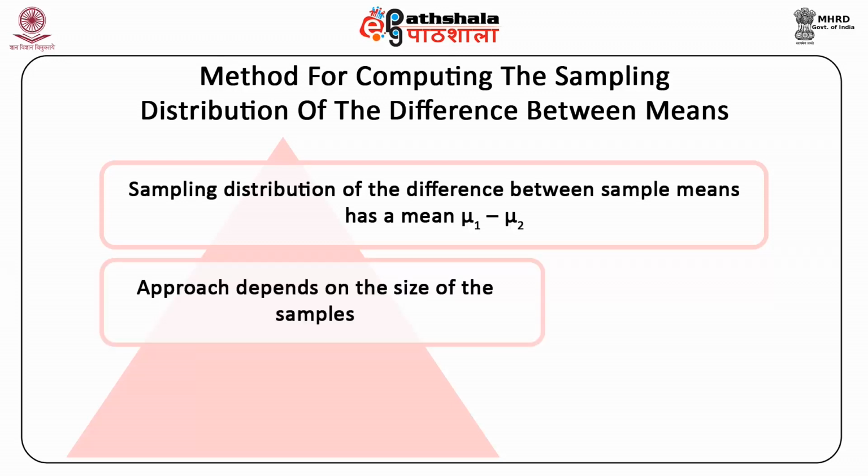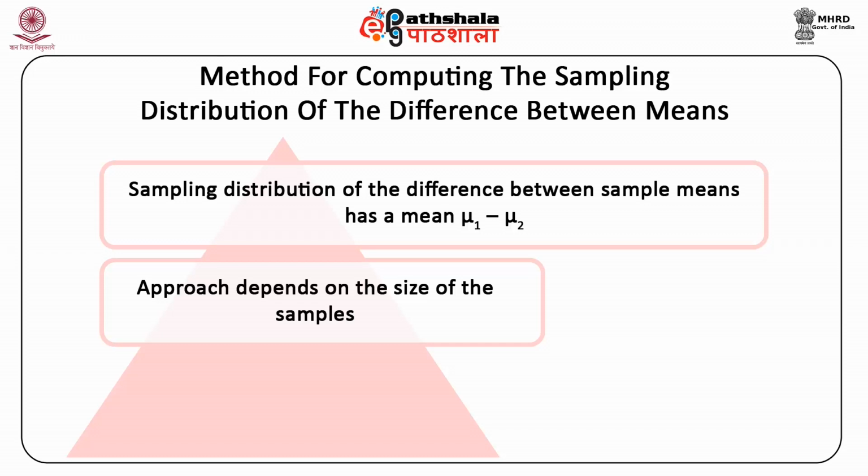The proper approach depends on the sizes of the samples N1 and N2. If both N1 and N2 are large, that is at least 30, the technique differs somewhat from that when either or both sample sizes are less than 30.